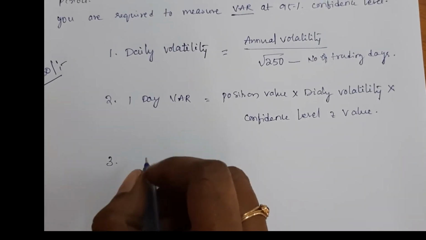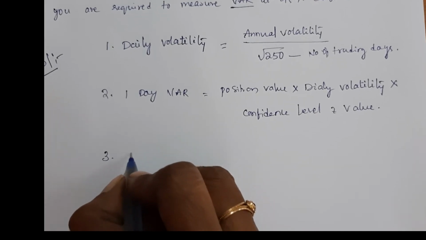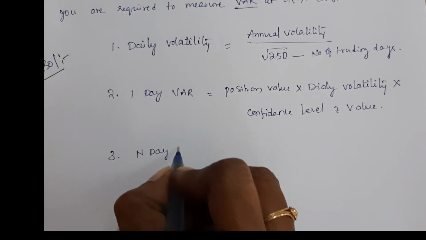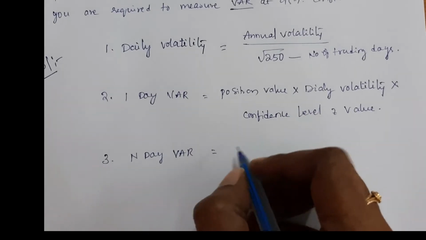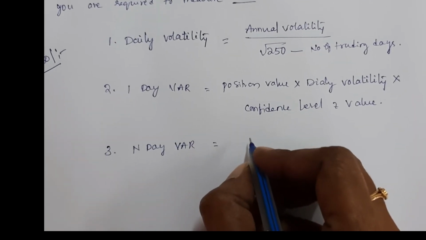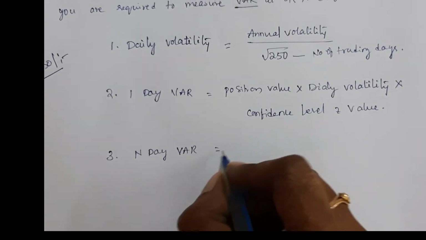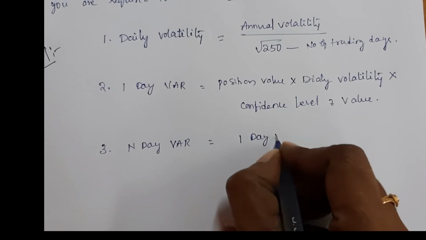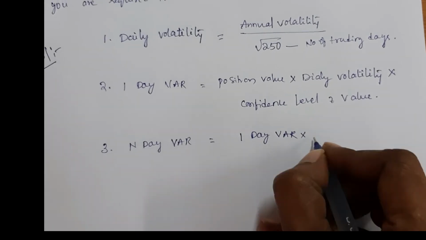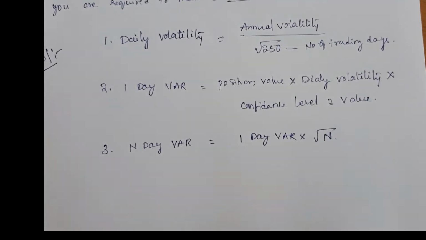Then the third formula is N day VAR. N day VAR will be calculated by applying the formula where N day VAR is equal to 1 day VAR into square root n.